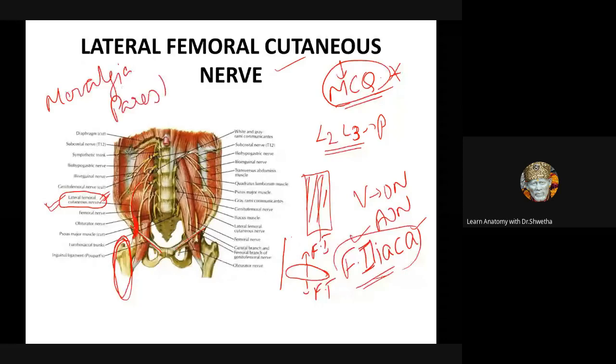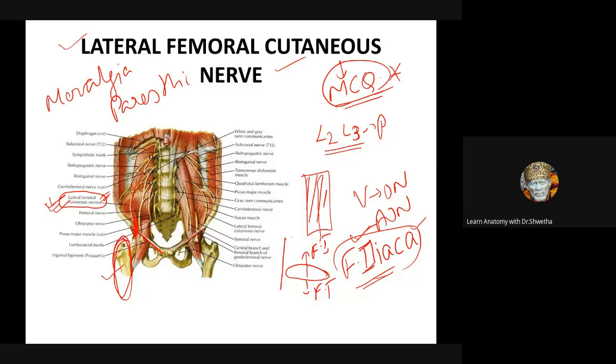The nerve involved is the lateral femoral cutaneous nerve. Why does it occur? It occurs when the lateral femoral cutaneous nerve passes within the substance of the fascia iliaca and the inguinal ligament. In such cases, any irritation to this nerve will bring about pain in its area of supply, that is the upper lateral aspect of the thigh.